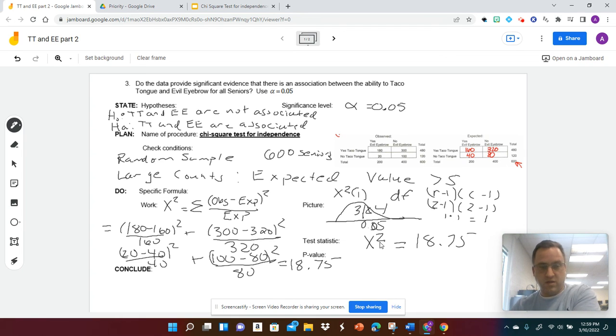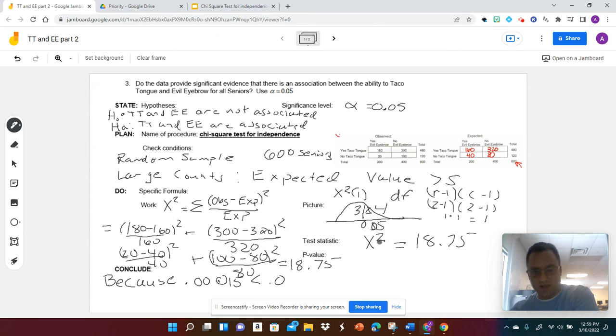So we conclude that we reject the null hypothesis. What we can say is our p-value for our chi-squared is 0.00015.